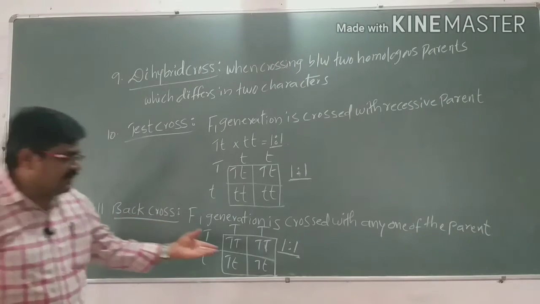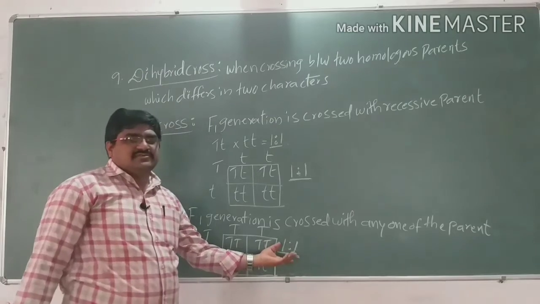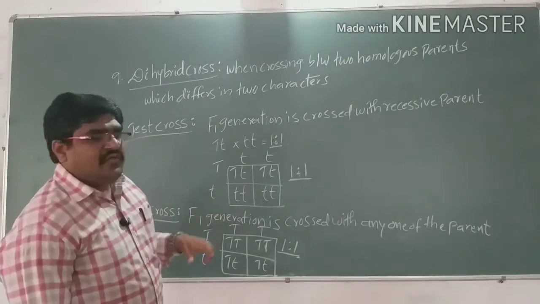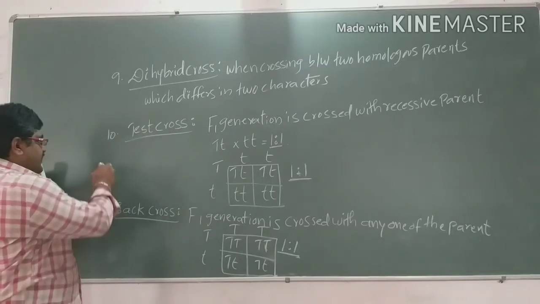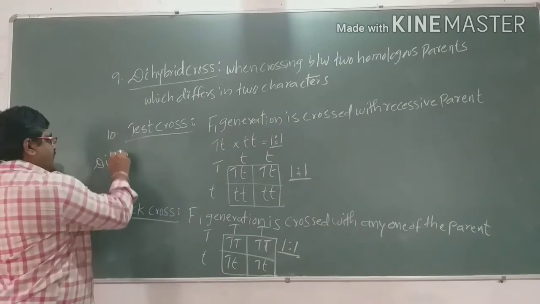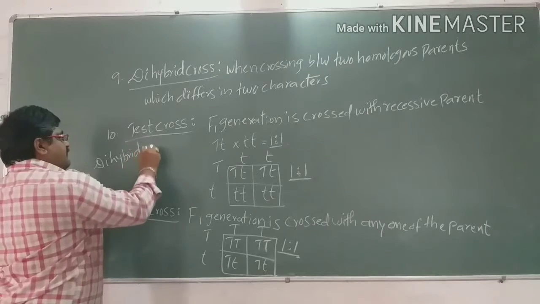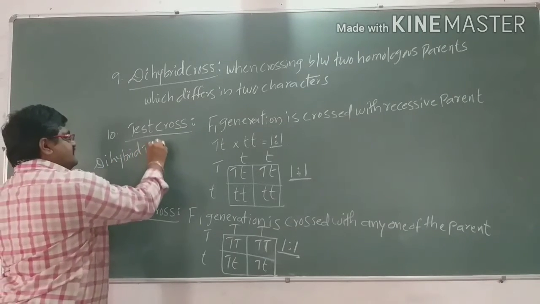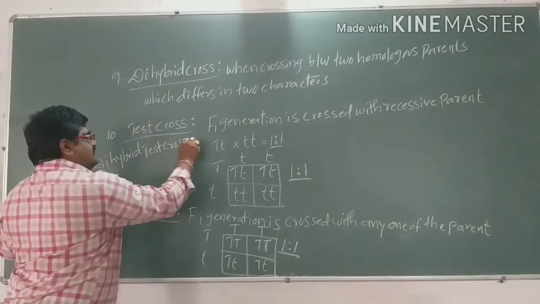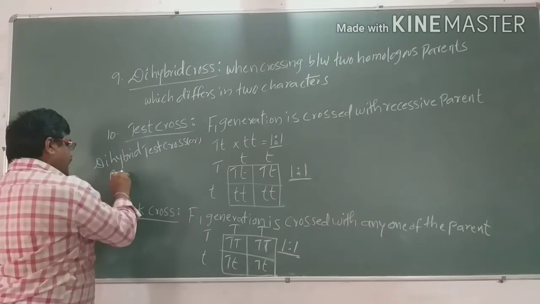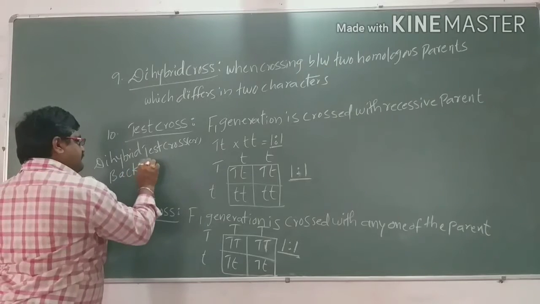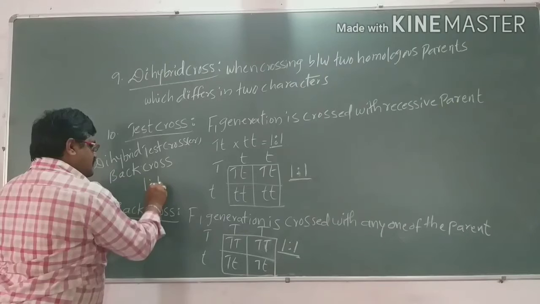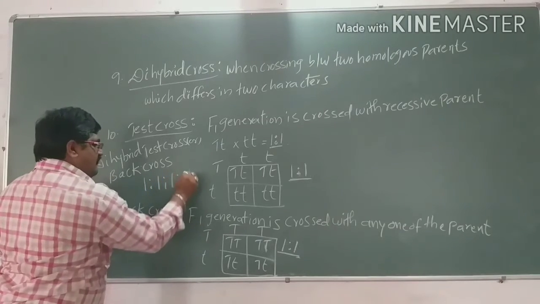We are able to get the 1:1 ratio in the monohybrid, and in the dihybrid test cross or back cross we will also get a 1:1 ratio.